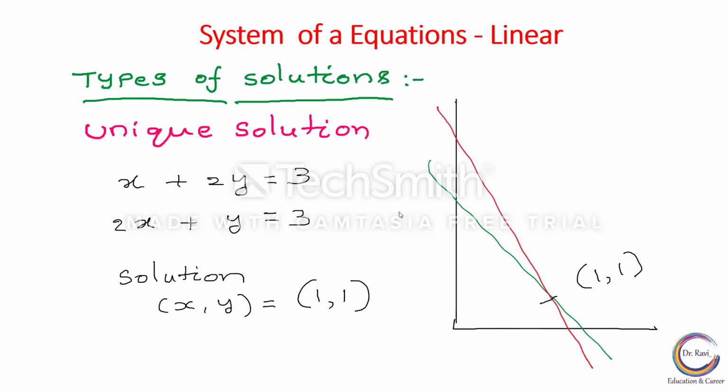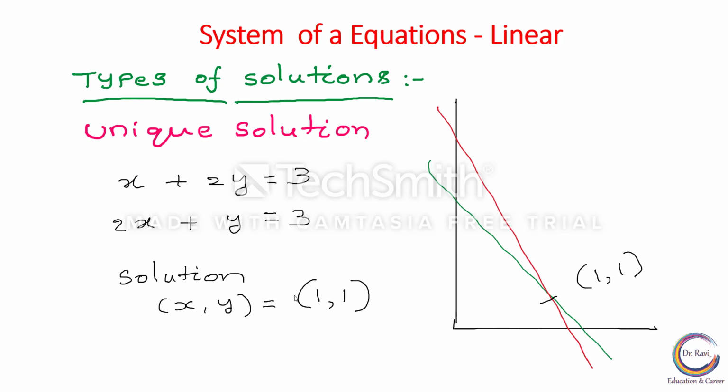Suppose we take one example, x plus 2y equal to 3, 2x plus y equal to 3. As discussed, we need values of x and y which satisfy both the equations. Now for example, from trial and error it is observed that x equal to 1 as well as y equal to 1 satisfies both the equations.